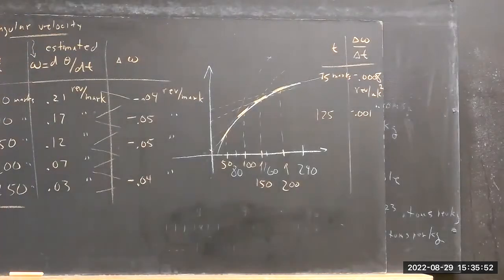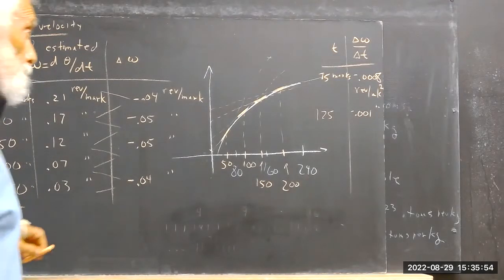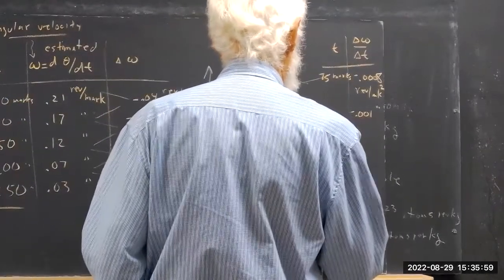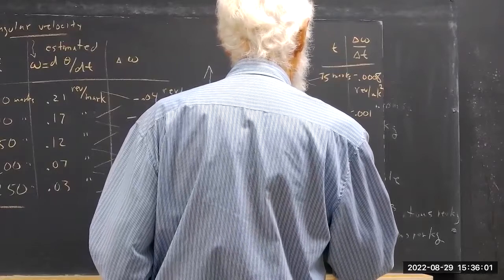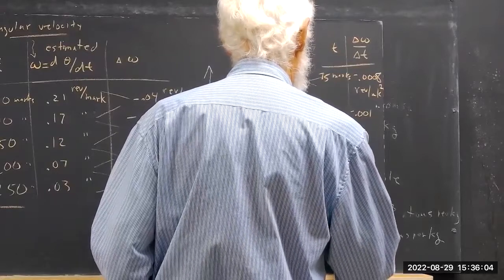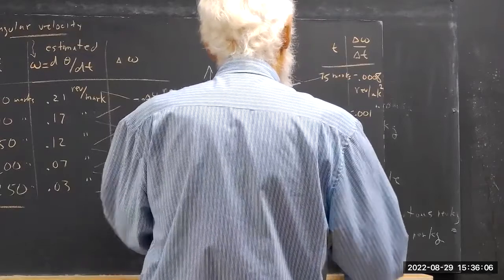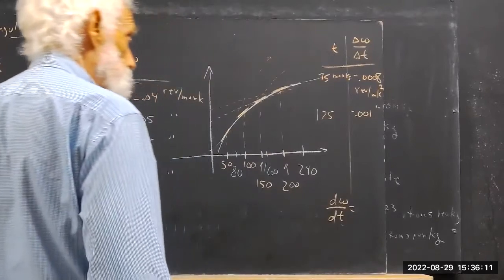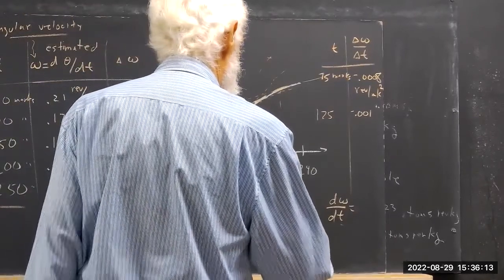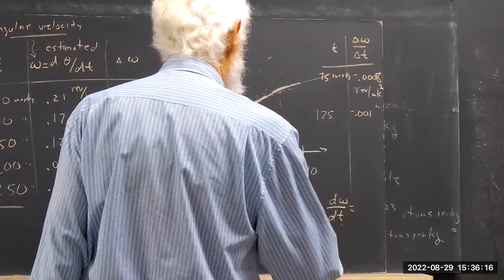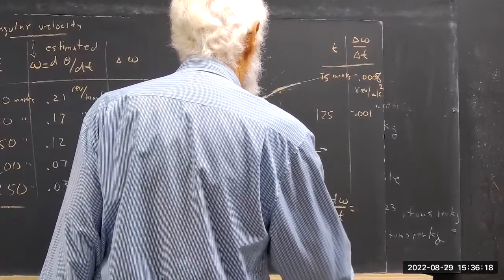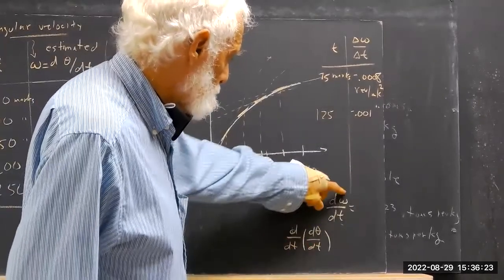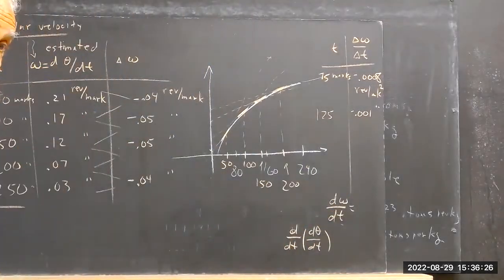Okay. So, one other comment here. The d omega dt, if you really know the functions, is then the derivative with respect to t of d theta dt, since omega is d theta dt.